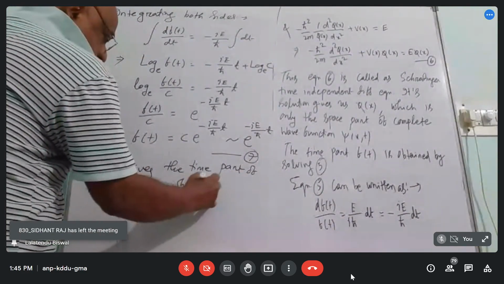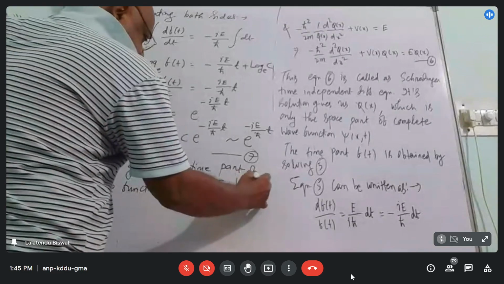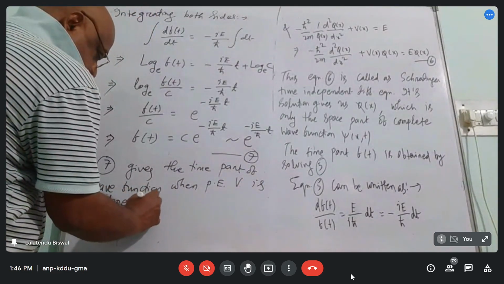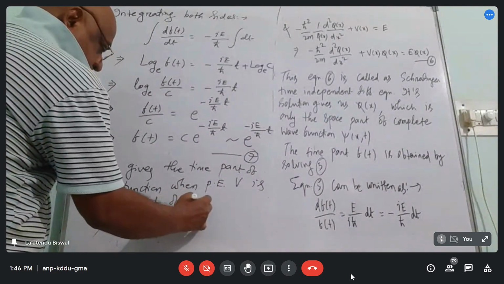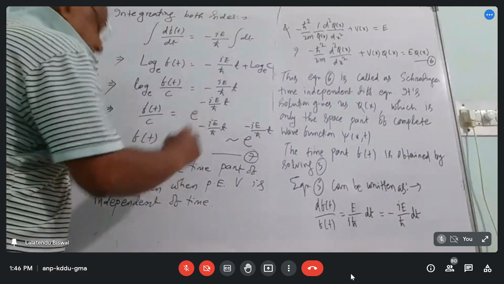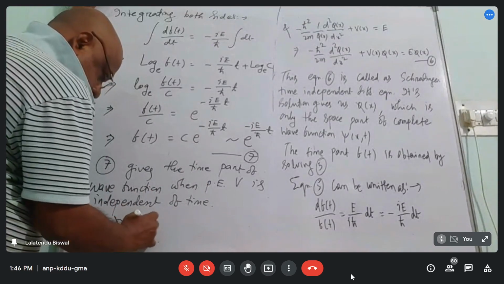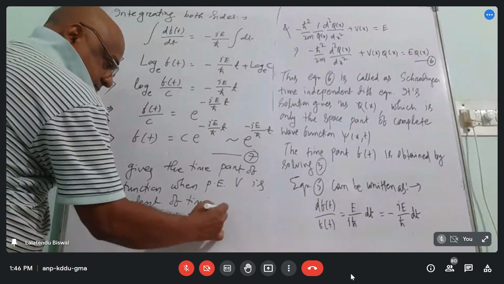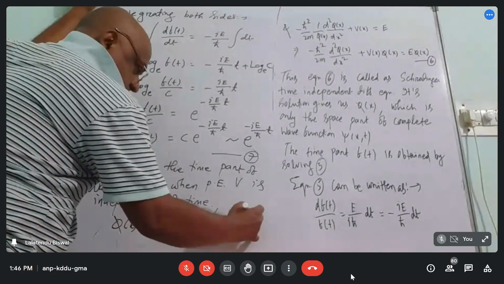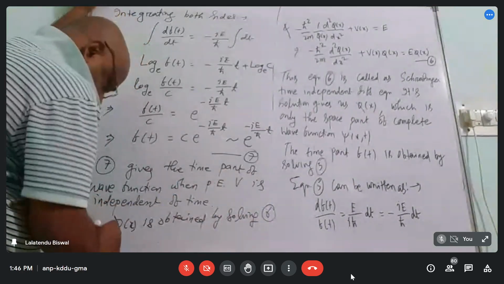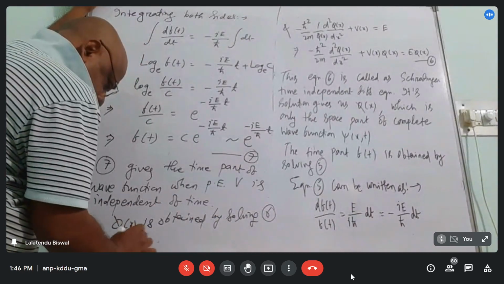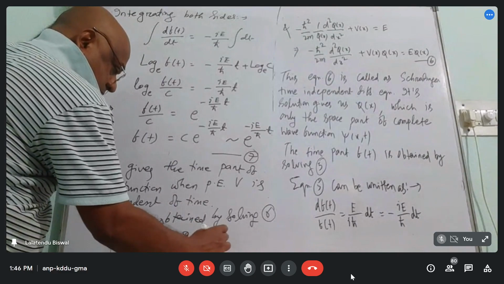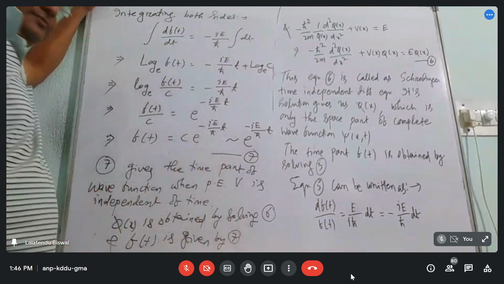when the potential energy V is independent of time. So phi x is obtained by solving 6, and Ft is given by equation 7.